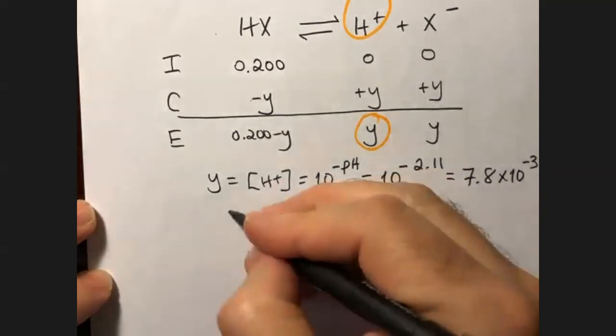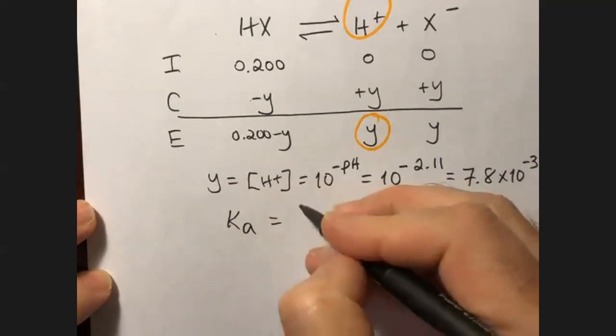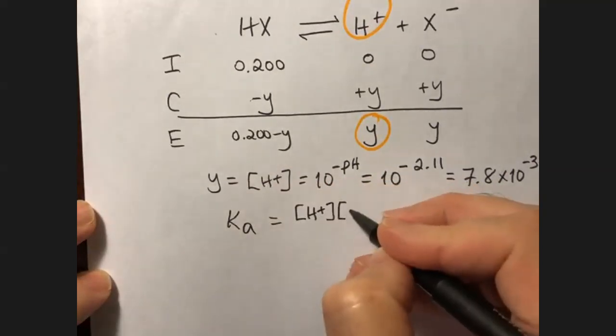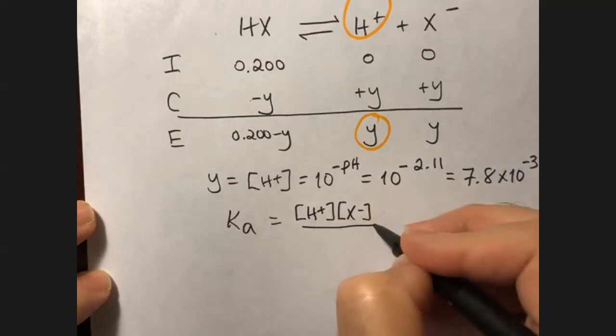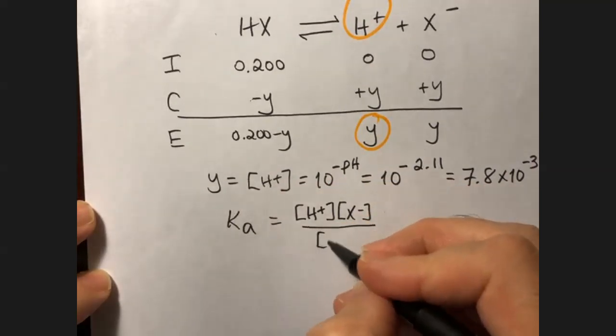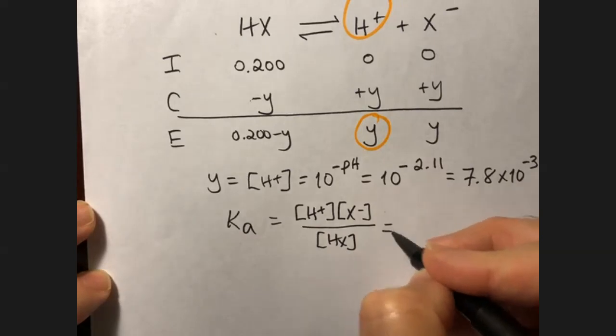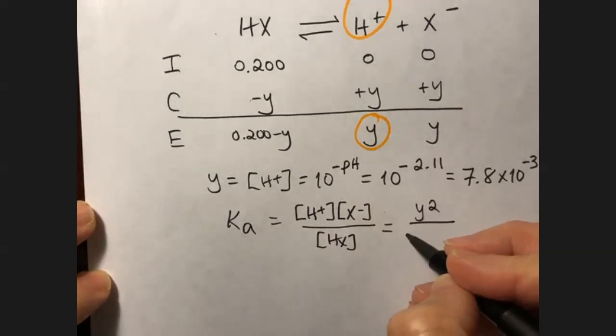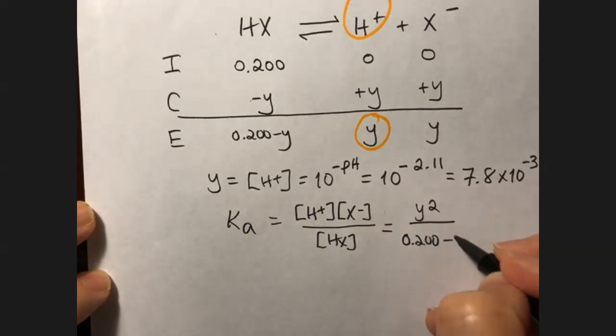So Ka should be hydrogen ions times X minus divided by HX, and that should be Y squared over 0.200 minus Y.